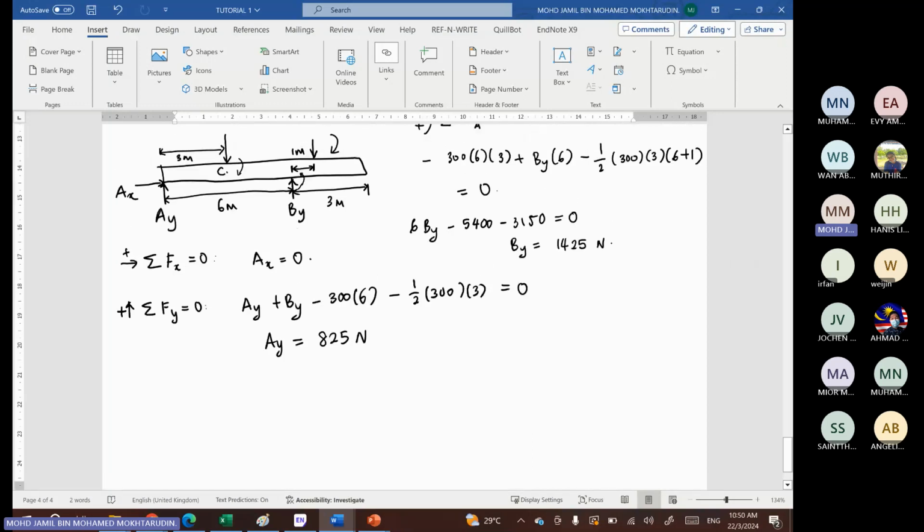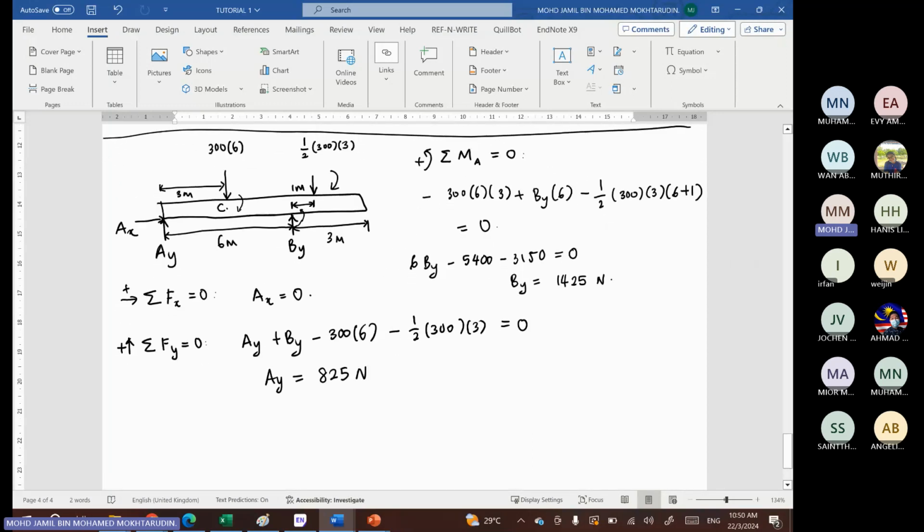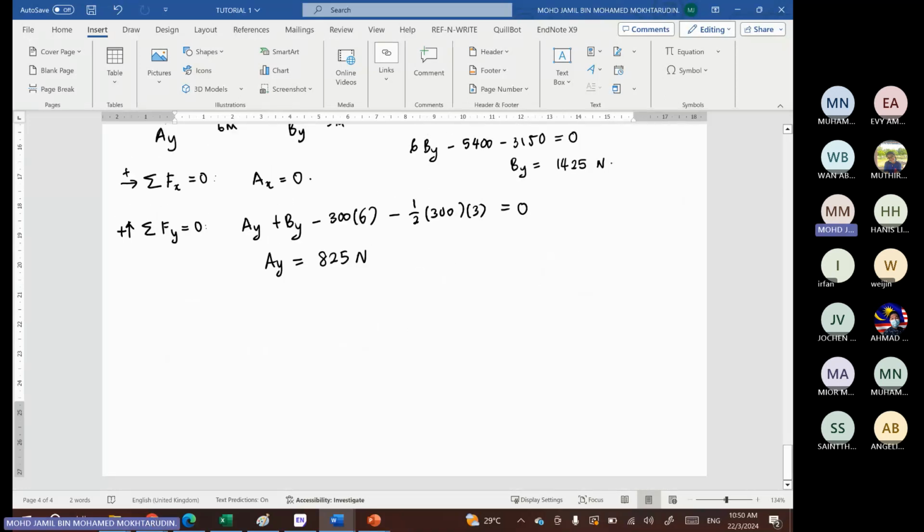Okay, so now you already found all of the reaction forces. Now we can cut at point C, okay? So if you cut at point C, you can draw the normal force C, the shear force C, and the moment at C. And then we have Ay.